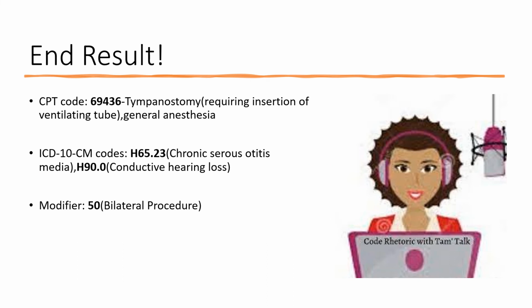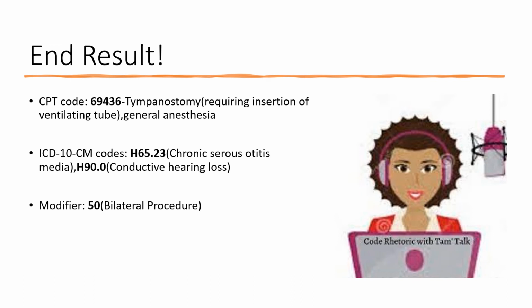So our mission is complete, and our end result is our CPT code, which is 69436, which is the tympanostomy requiring the insertion of a ventilating tube under general anesthesia. Remember when I mentioned that the anesthesia type is important because it could come into play when it comes to our CPT code selection.